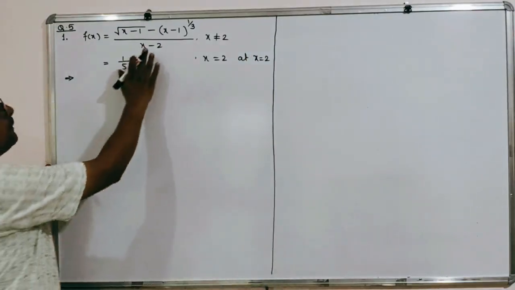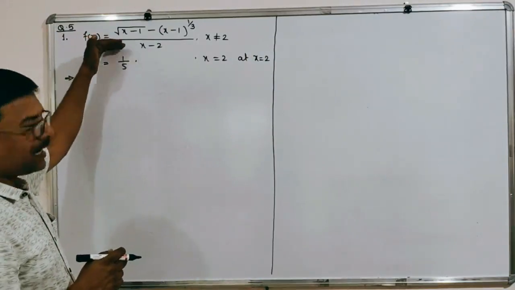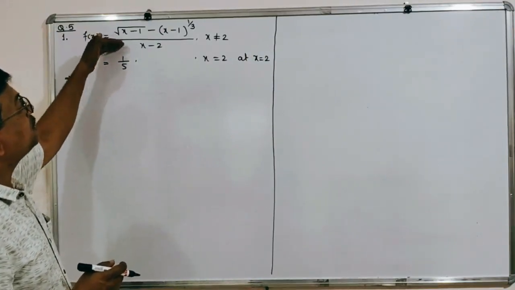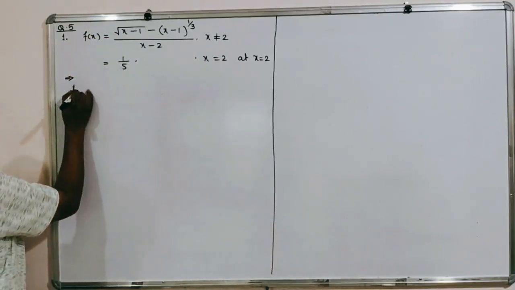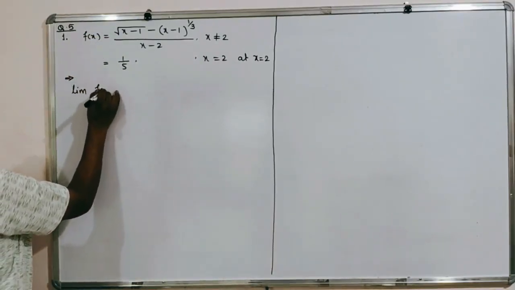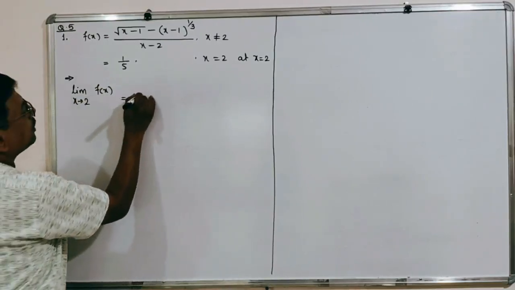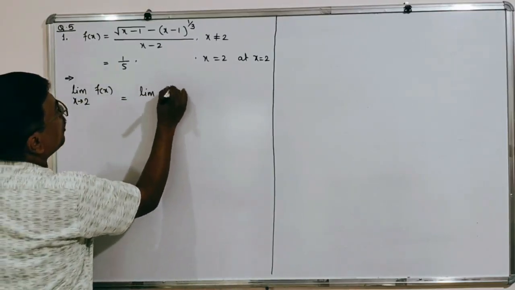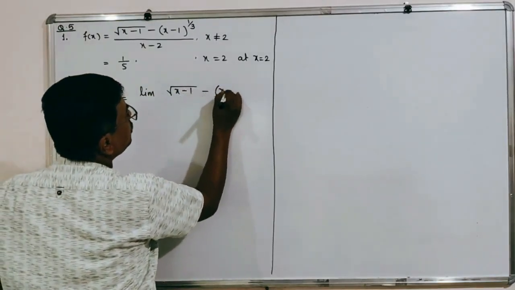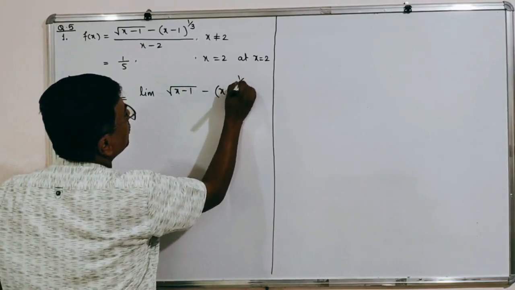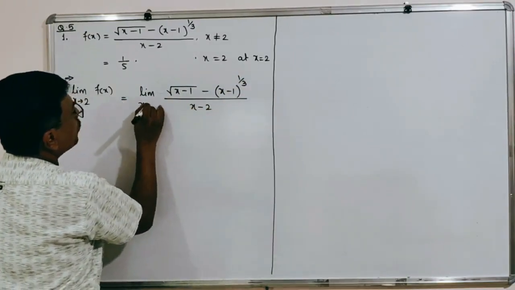Now look at the function. We are going to find the limit of this function and we have to check whether this limit of the function is equal to its value or not. For that, the limit of f of x as x tends to 2 is equal to the limit of root of x minus 1 minus x minus 1 raised to 1 by 3, divided by x minus 2, as x tends to 2.